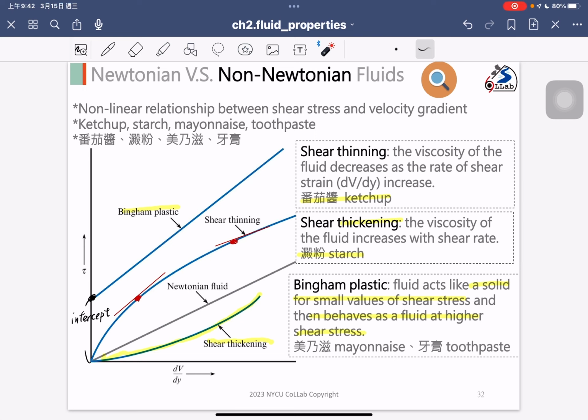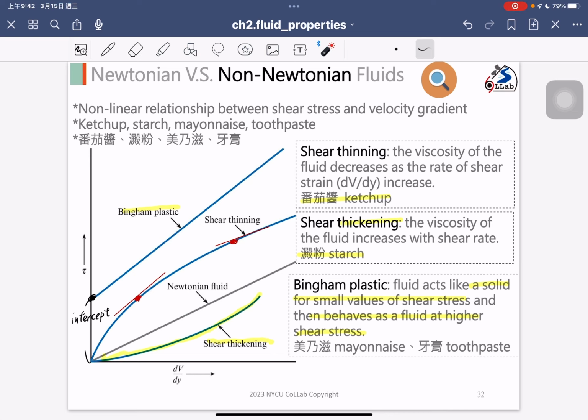Okay, so that's the Bingham plastic material that indicates the different shear stress conditions. The material property will change to a different phase. The small shear stress will have the solid behavior. If the stress is higher than a certain threshold, the material will show fluid behavior.